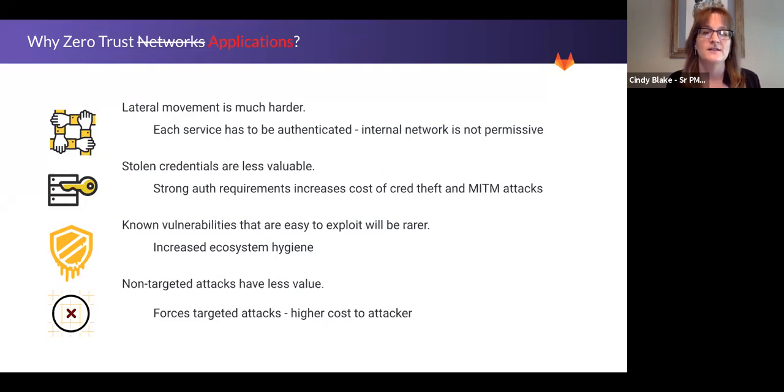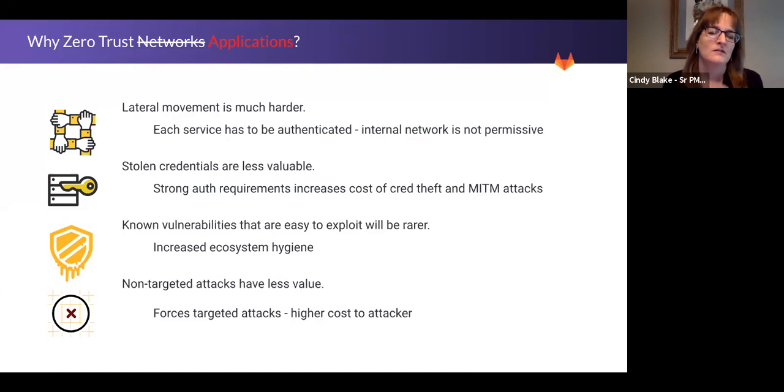In the case of Zero Trust networks, that tends to be thought of as a network exploit or malware. But from an application standpoint, it's also about malware, and thinking about things like cross-site scripting and SQL injection. If you're practicing good hygiene, it's going to be harder to exploit those common things over and over. And then non-targeted attacks have less value.